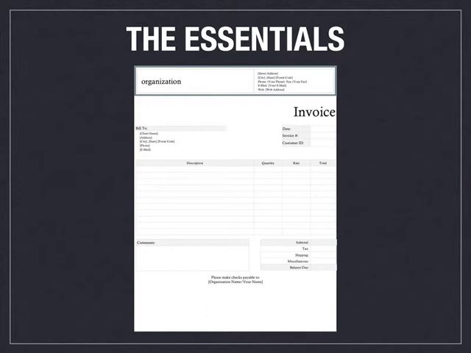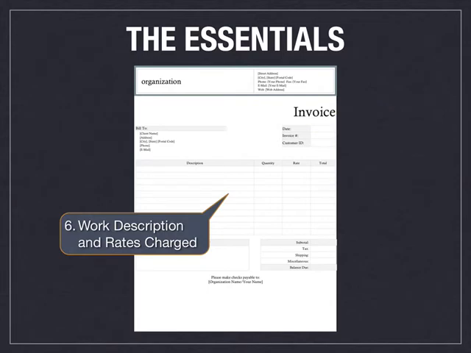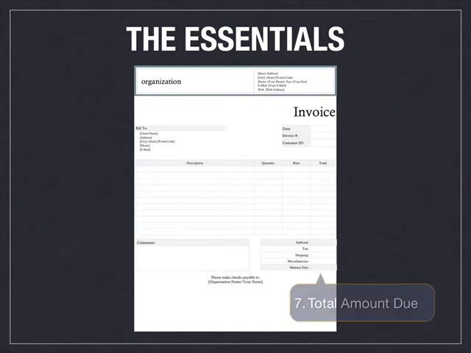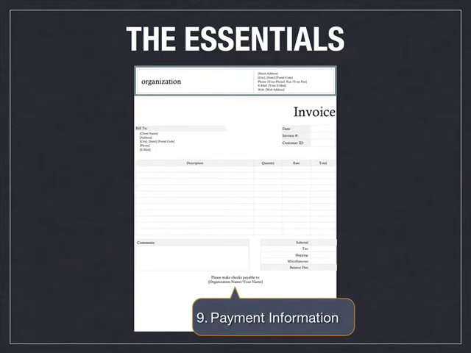The essentials of an invoice are your business or just your name, your address or your business's address, the word invoice, the client information, an invoice date, an invoice number, and customer ID, a description of the services provided and the rates charged, a total amount due, additional comments, and finally payment information. So let's go ahead and take a look at each one of these items a little bit closer.